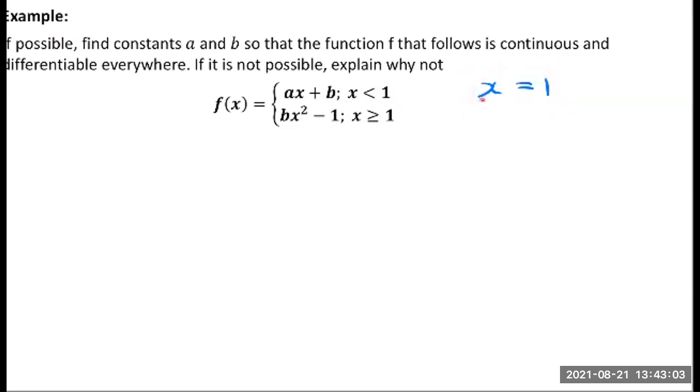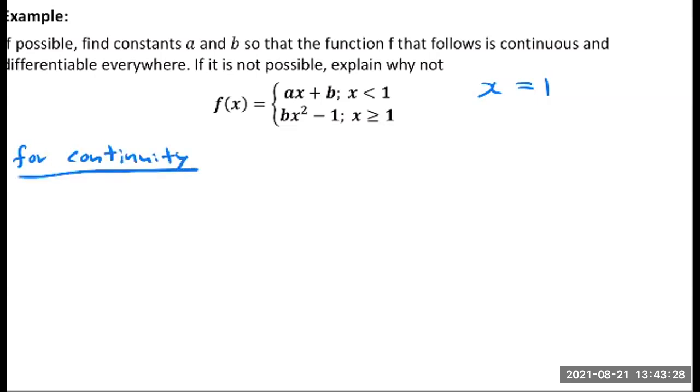So what do you want to make sure if you want your function to be continuous at x equal to 1? That means your function value should be the limit value, right? Your left limit and the right limit should be equal to the function value. First of all, let's argue the continuity first.